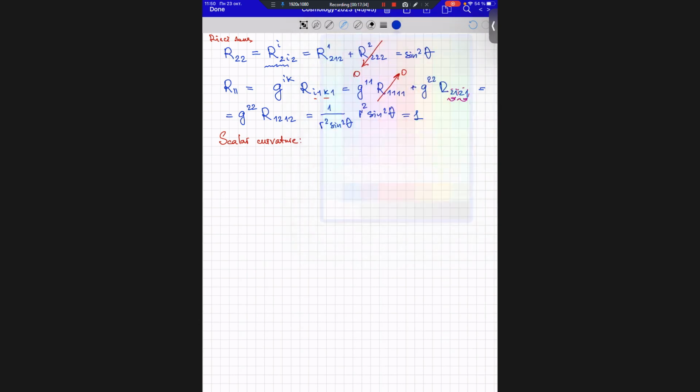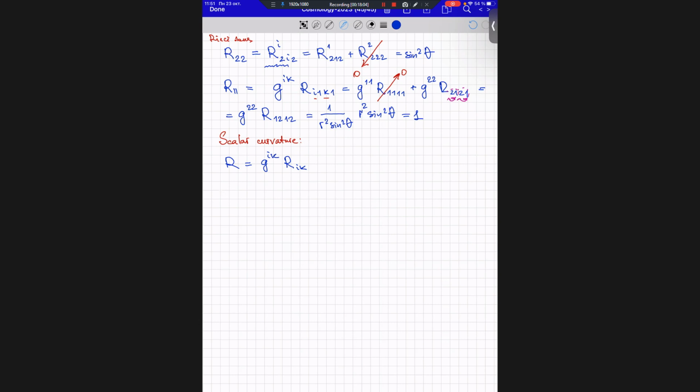So scalar curvature means that we need to make a contraction, and finally obtain the scalar value, which doesn't have any indexes. If I have the covariant representation of the Ricci tensor, let's put it R_ik, then I need to do it like this.